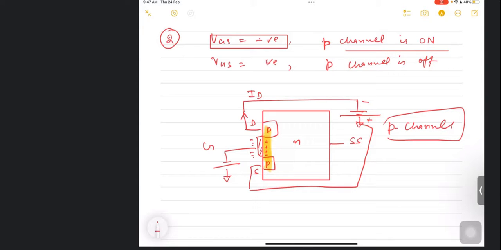right? And again we have a threshold voltage here, because below that voltage the channel is not formed. This is channel, and the current is not going to flow, so the MOSFET is non-conducting.